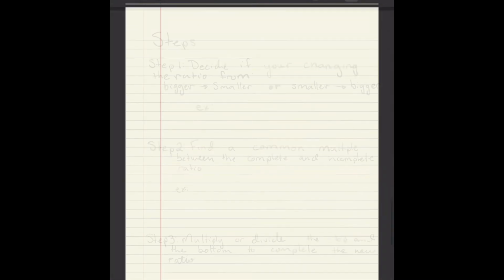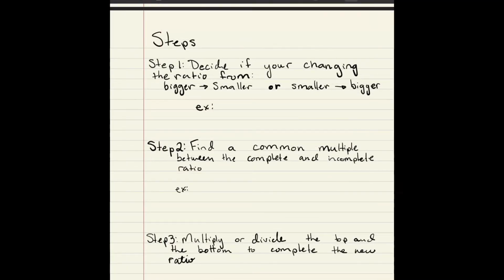Let's jump into steps. So step 1 is to decide if you're changing the ratio from bigger to smaller or smaller to bigger. So let's look at the example. If we're looking at 56 over 42 is equal to 8 over unknown, then we're going from bigger to smaller.